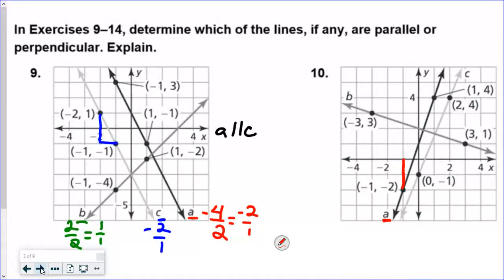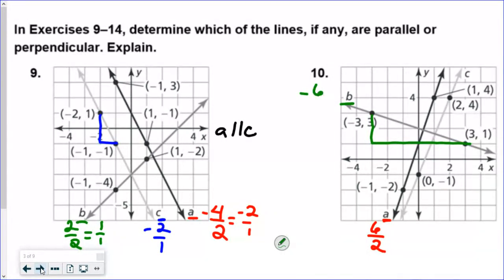So here we go. 1, 2, 3, 4, 5, 6, 1, 2. So that's positive 6 over positive 2. Line B, I'll get rid of this just so it doesn't confuse us. 1, 2, 1, 2, 3, 4, 5, 6.